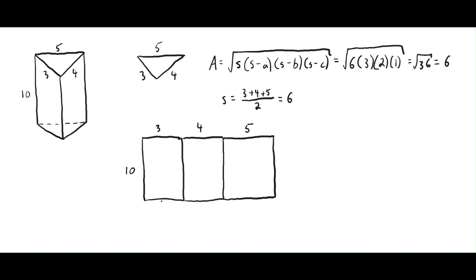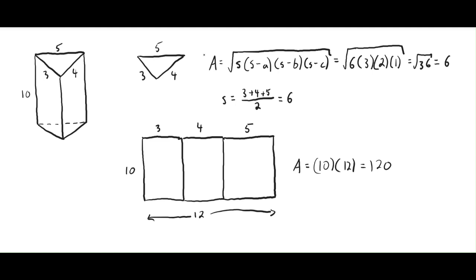But here I can see these three rectangles together just make one big rectangle that is 12 wide altogether. That's just 3 plus 4 plus 5 again, and 10 high. So the area of this big rectangle is equal to 10 times 12, which is 120.